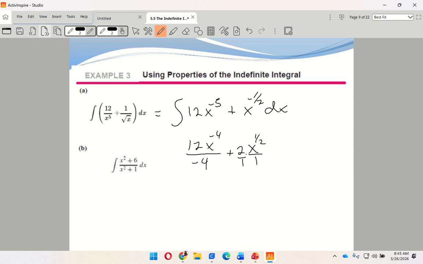And then what else am I missing? All right, just clean it up. I get negative 3x to the negative 4 plus 2x to the 1/2 plus c.